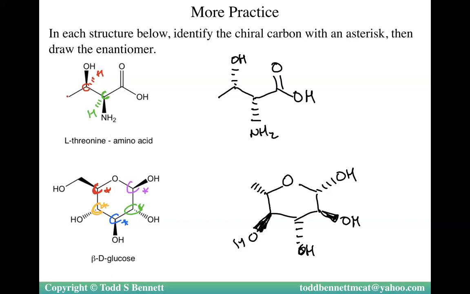And the red one, CH2OH in back. So this differs in 1, 2, 3, 4, all 5 chiral centers, making the enantiomer. For what it's worth, if you're hanging on to this information, this would be beta L-glucose. And this would be D-threonine.